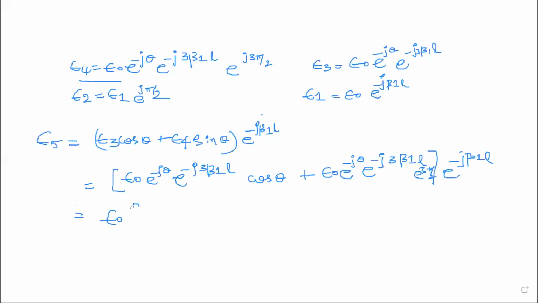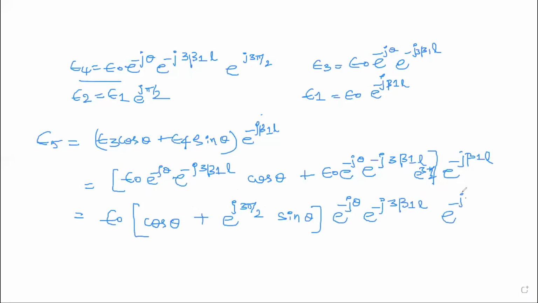So E0 you can take common. Then you have cos theta plus e to the power j 3 pi by 2 sin theta. Again, the remaining common terms you can take are e to the power minus j theta, e to the power minus j 3 beta 1 L, and e to the power minus j beta 1 L.